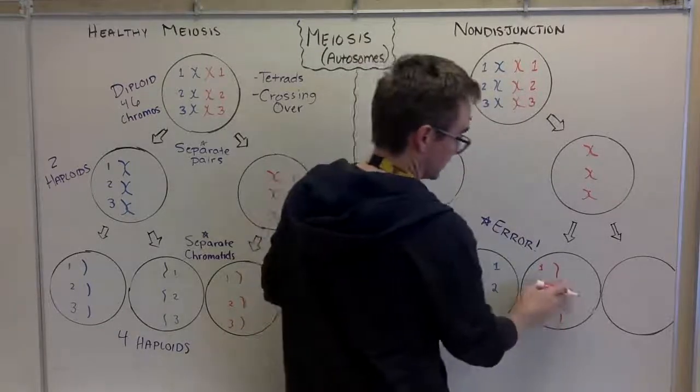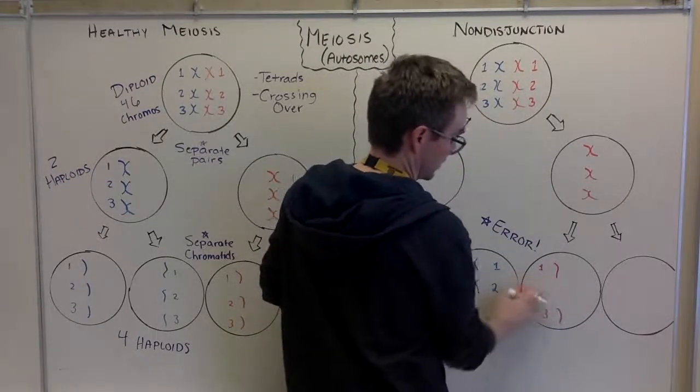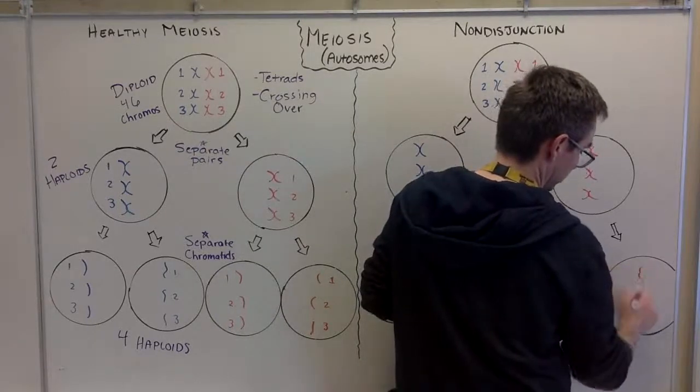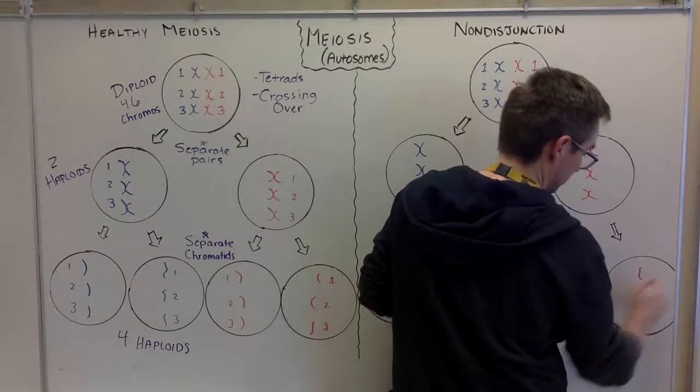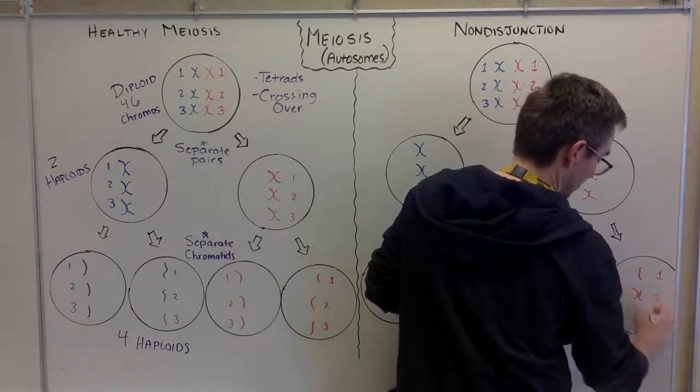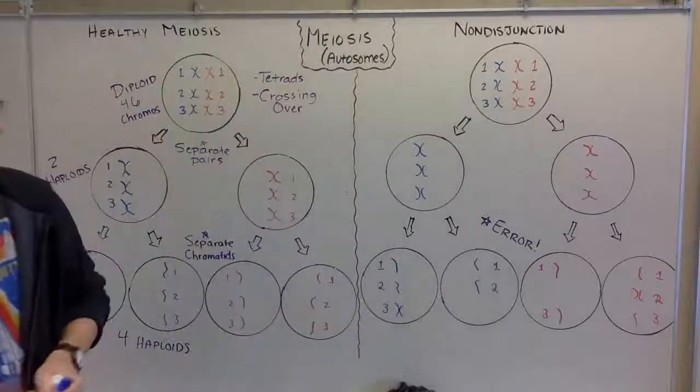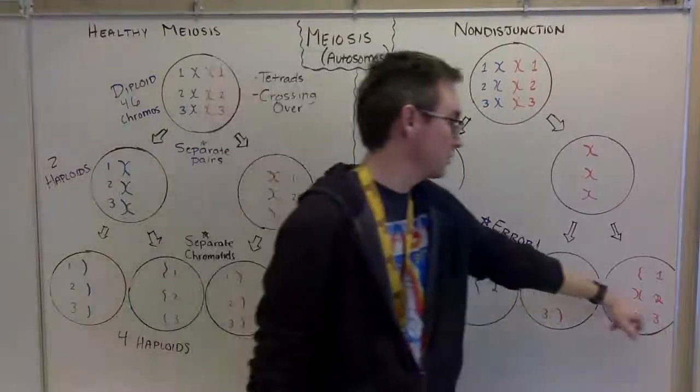Oops, no, let's say we don't get that one there. Let's say the number 1, and what happens is here, now I all of a sudden have 2 copies of the number 2 chromosome here and none here.